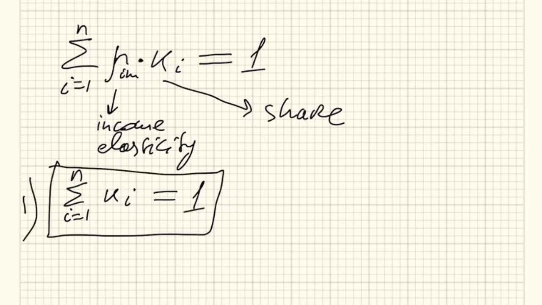Given that it is equal to 1, we are left with all behavioral changes must be due to the change in income elasticity.